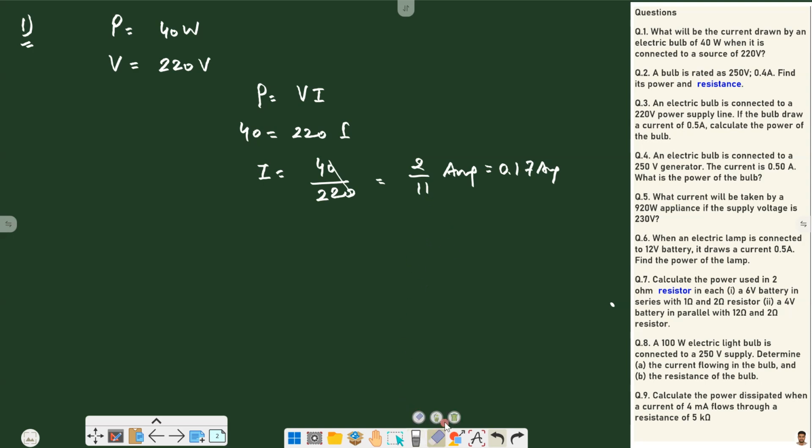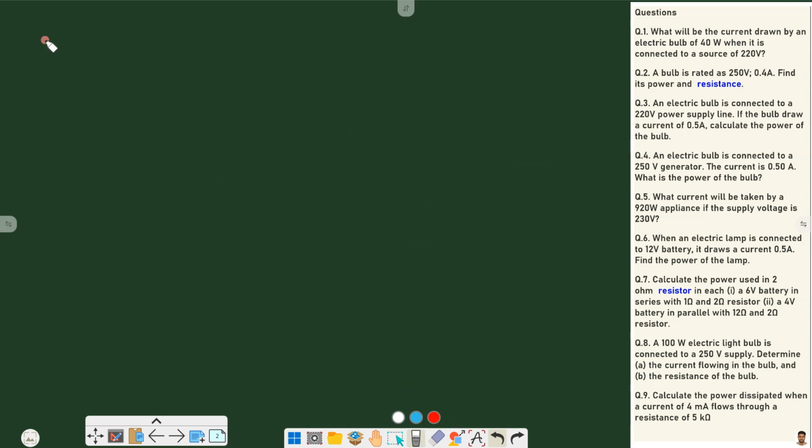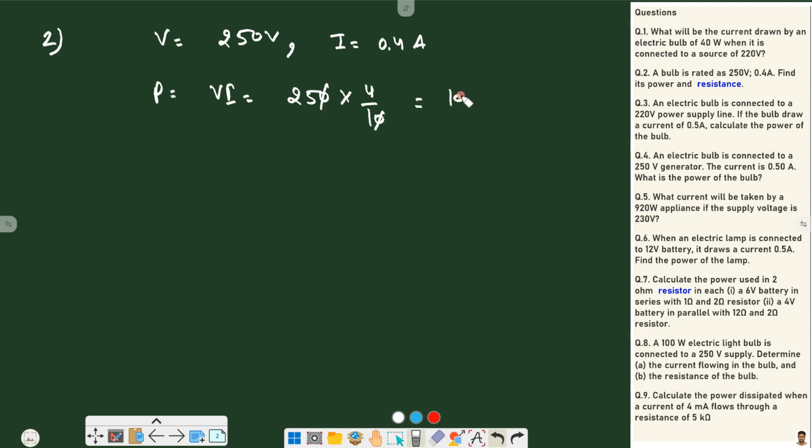So question number 2. The bulb is rated as 250 volts, so the potential is 250 volts, and the current is 0.4 ampere. So power is VI, meaning 250 into 4 by 10, equal to 100 watts.